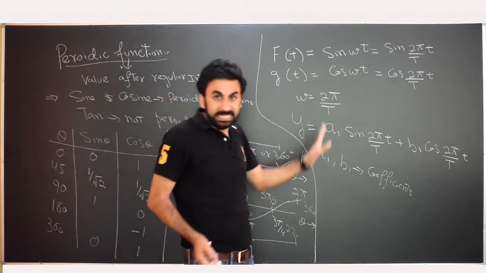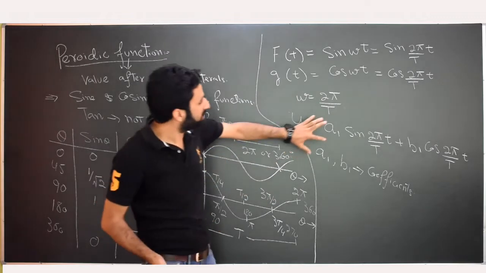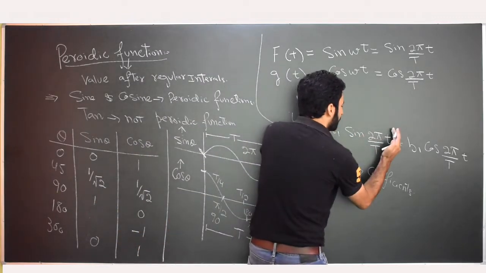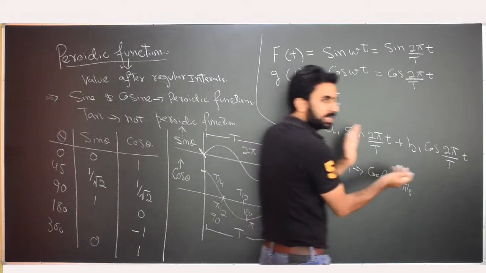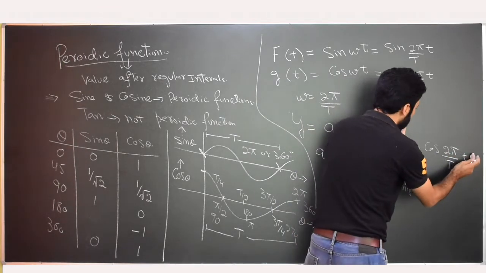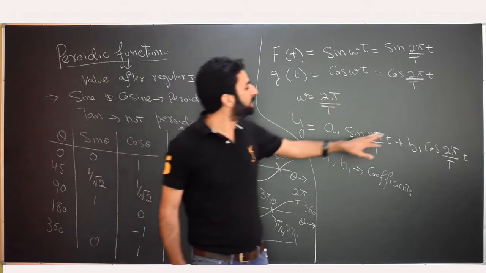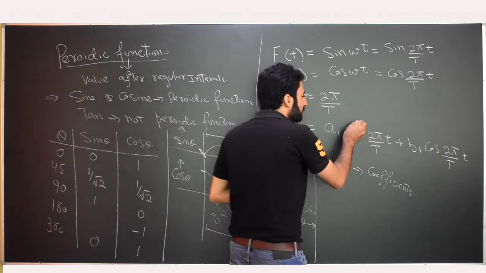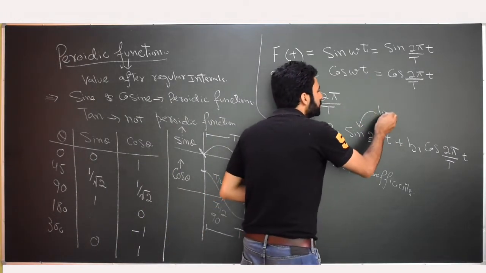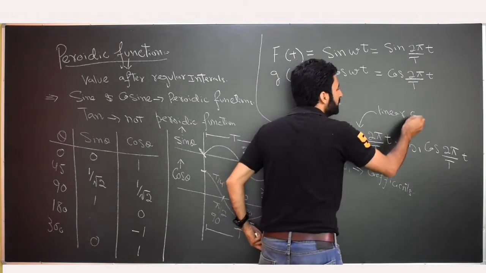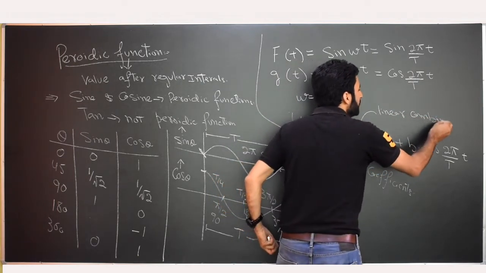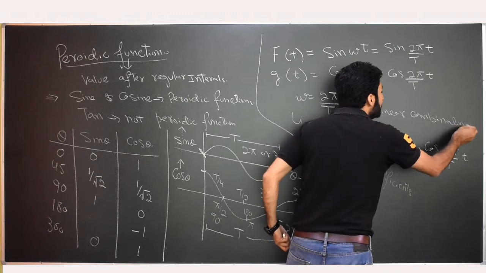A linear combination of, just try to understand here, this is a periodic function having time period T. This is another periodic function represented by a cosine function, again having time period T. The linear combination of these two is also a periodic function.